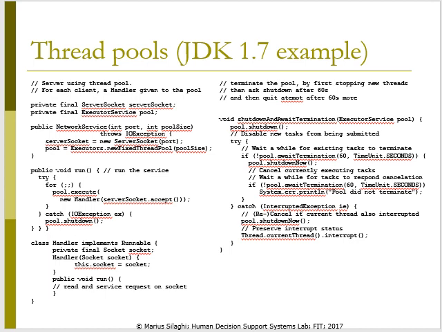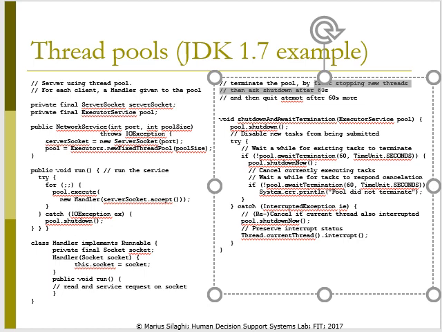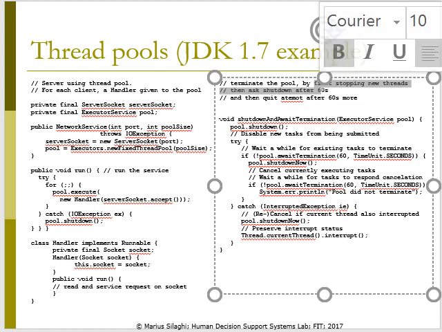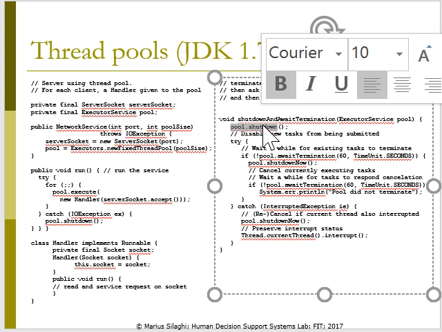If one wants to terminate the pool from outside, the mechanism is to first stop new threads from creation. This is done with pool shutdown.